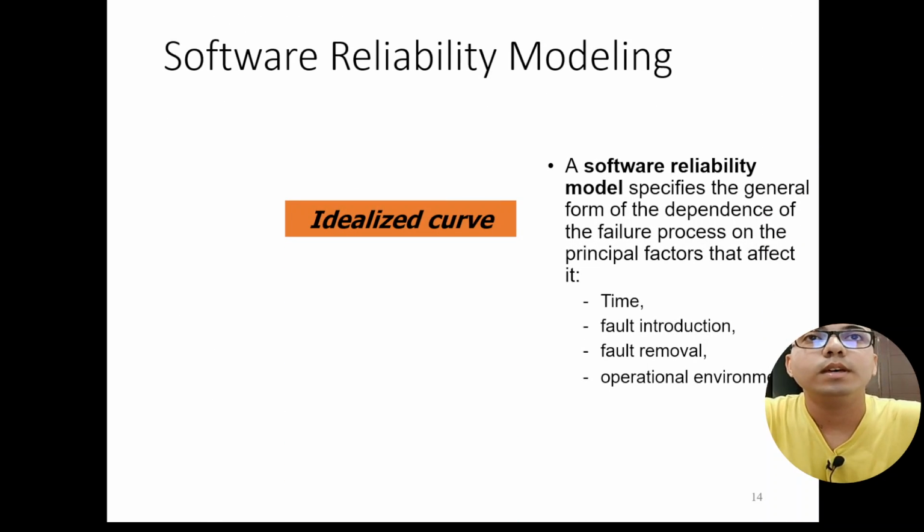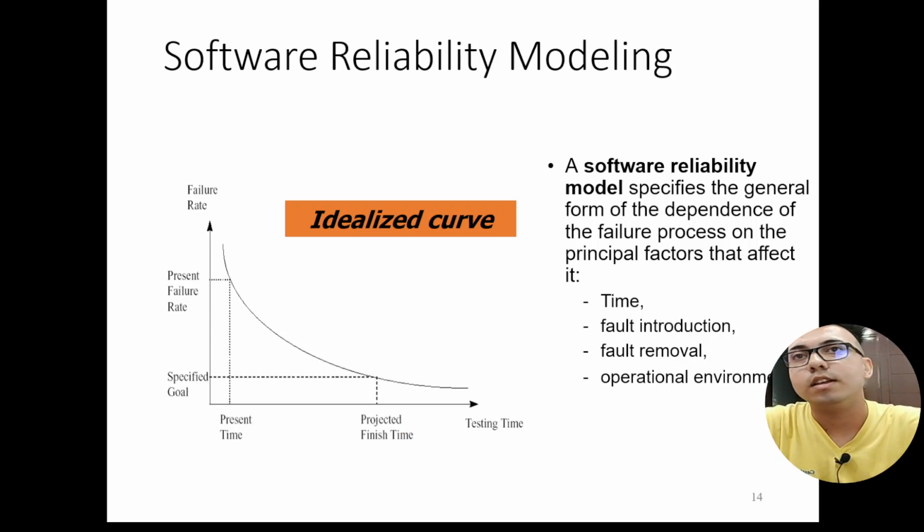The main part of software reliability is software reliability modeling. A software reliability model specifies the general form of the dependence of the failure process on the principal factors that affect it: fault introduction, fault removal, and the operational environment.